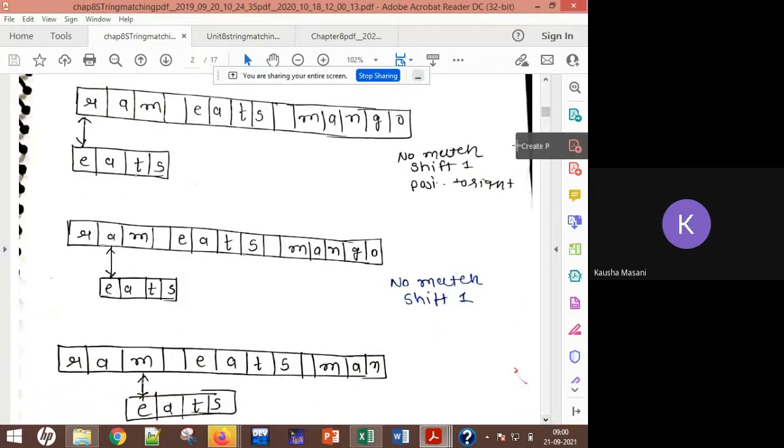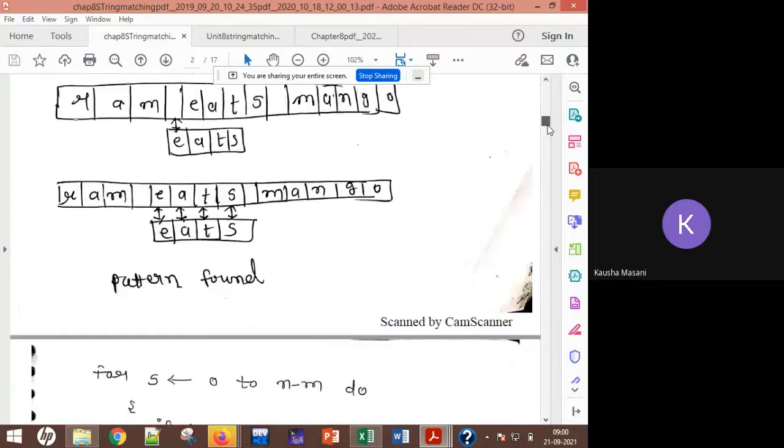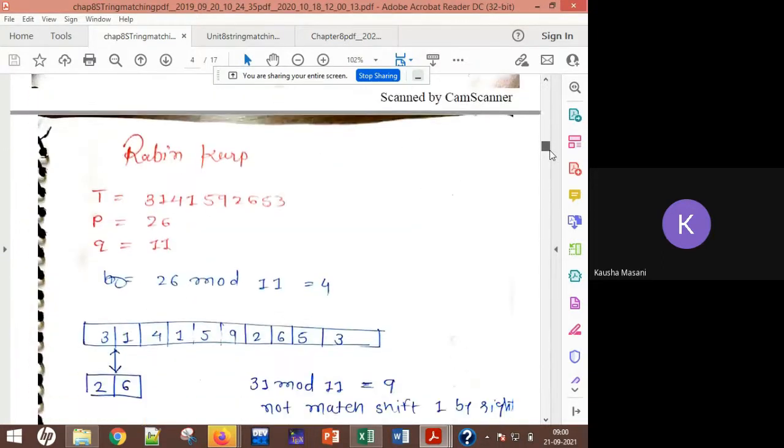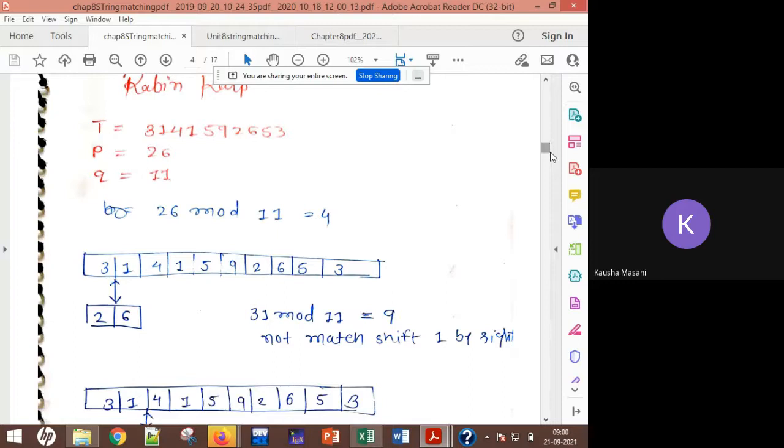Suppose if I just go to Rabin Karp here, in this Rabin Karp, I'm starting directly with the example because I am going to explain what is to be done in which step.